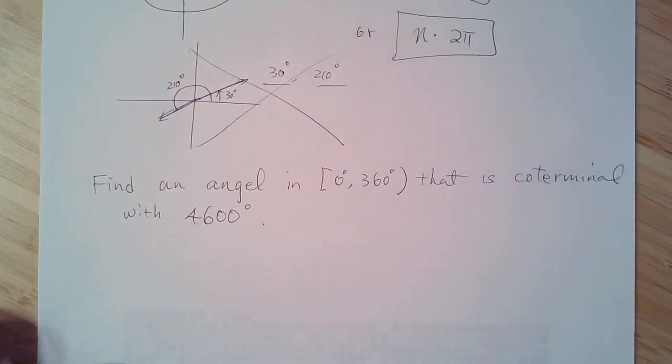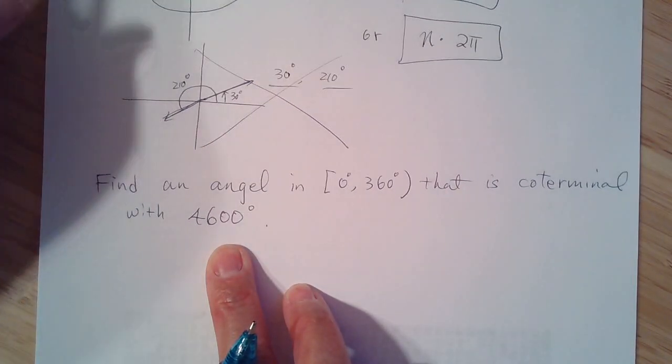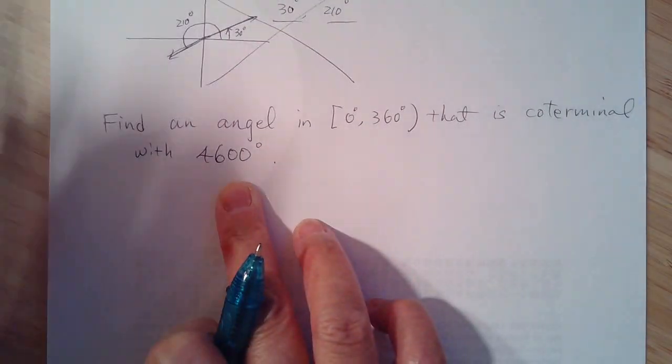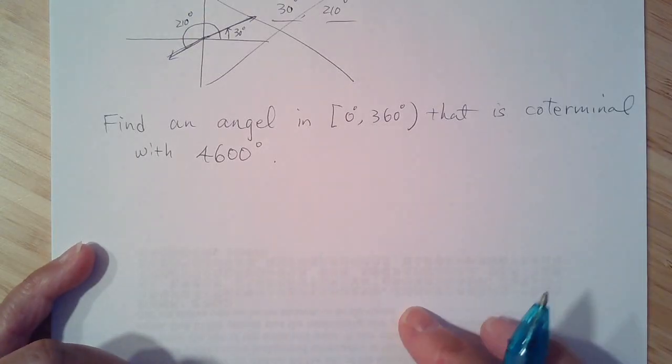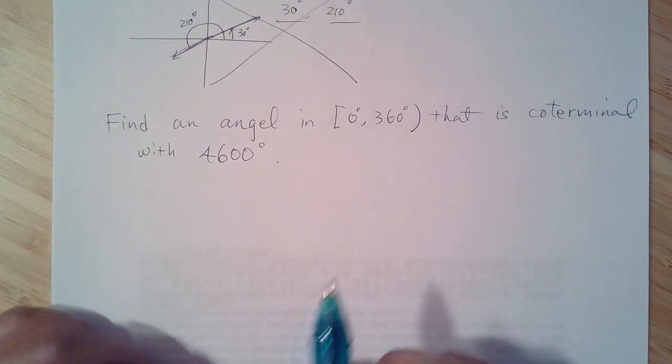It's a hard question, isn't it? Because this is huge. This is 4,600. That's like a lot of 360s. How many 360s? Well, I don't know.